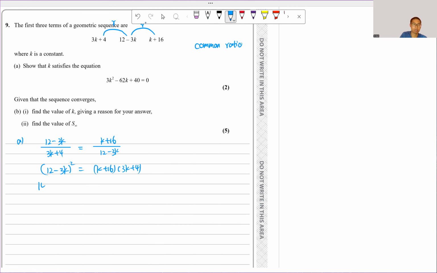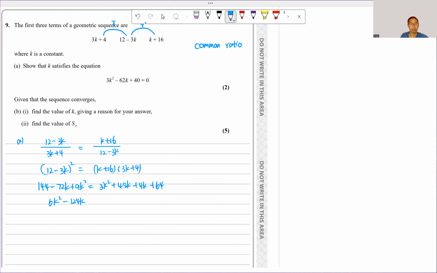Expand it out, 144 minus 72k plus 9k squared. That's equal to 3k squared plus 48k plus 4k plus 64. Simplify this, we have 6k squared, and then negative 72k minus 48k minus 4k, that will be minus 124k.